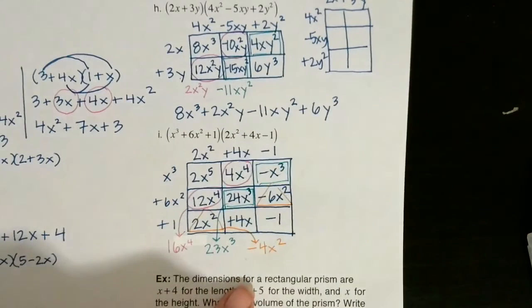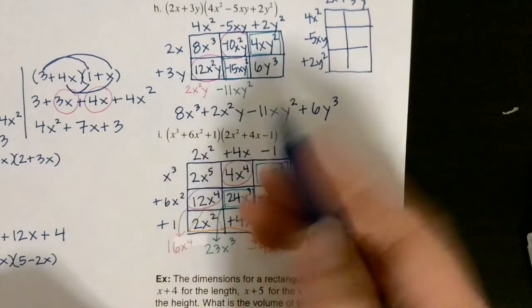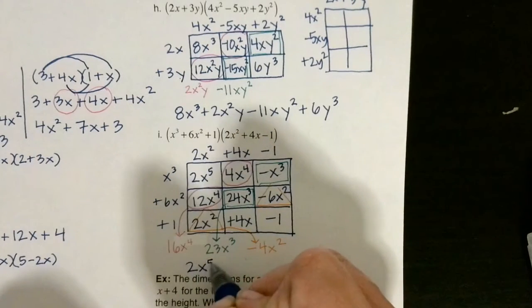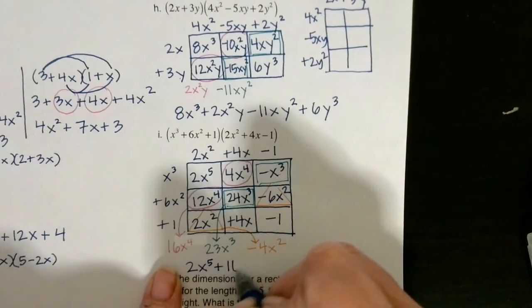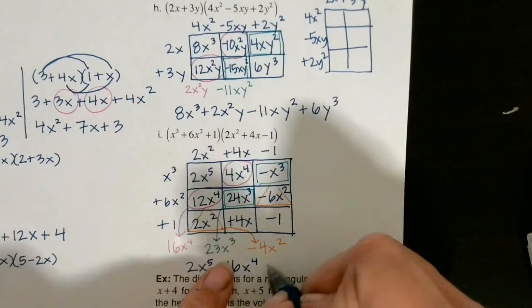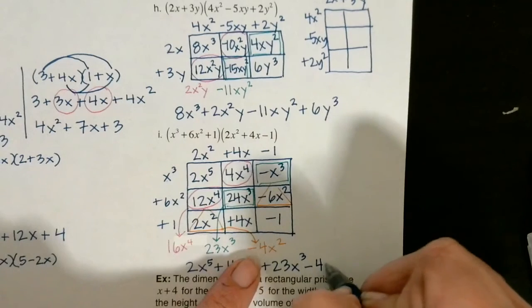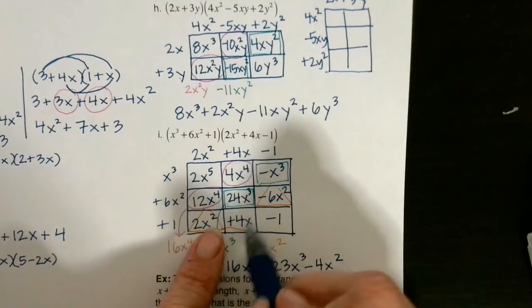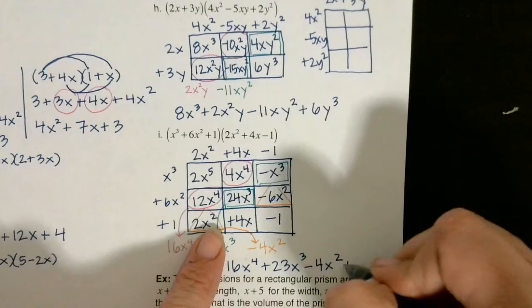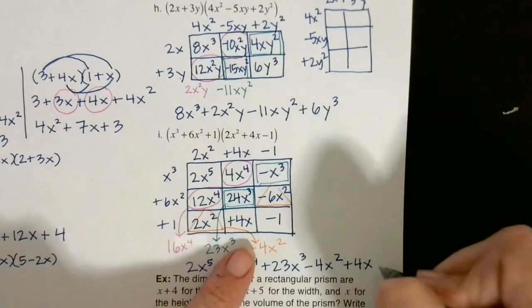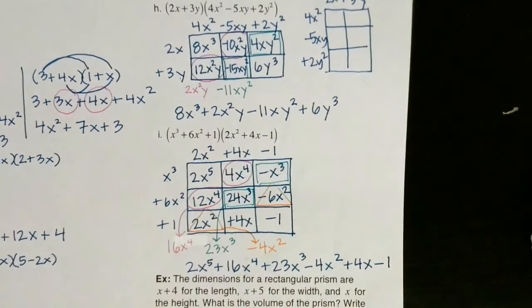So always start with your highest power of x, which is this 2x to the 5th. And then we have 16x to the 4th and 23x cubed minus the 4x squared. Then I still have this plus 4x and this minus 1. So that's all right there.